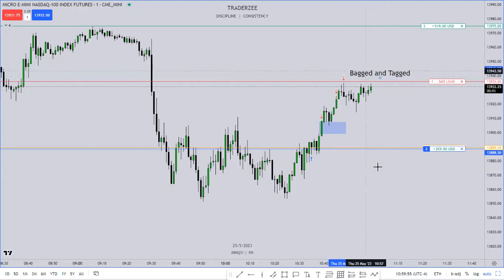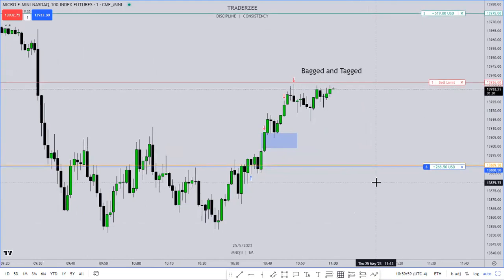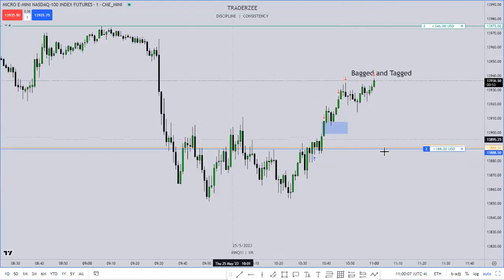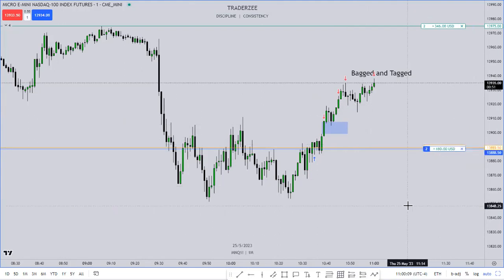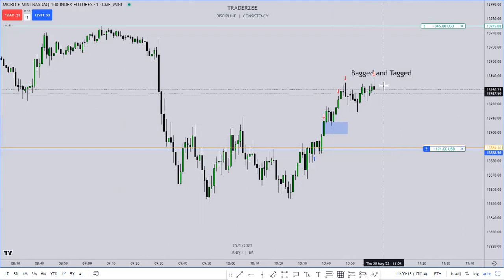Come on. And when I say come on, I'm not being like a retail trader saying, please, please, please. I know it's going to be hit. And it was hit. We have 2 contracts now. Now, should I move my stop up? See how it.